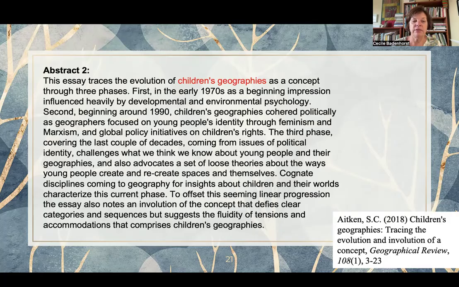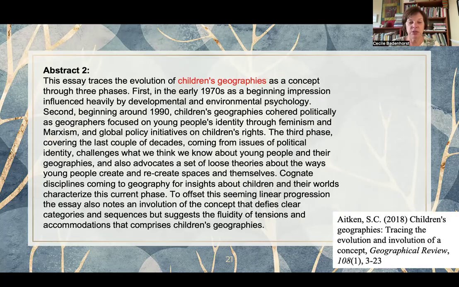And the third phase covering the last couple of decades, coming from issues of political identity, challenges what we think we know about young people and their geographies, and also advocates a set of loose theories about the ways young people create and recreate spaces and themselves. So what you can see about that bit there is they are tracing the concept chronologically, but also theoretically.